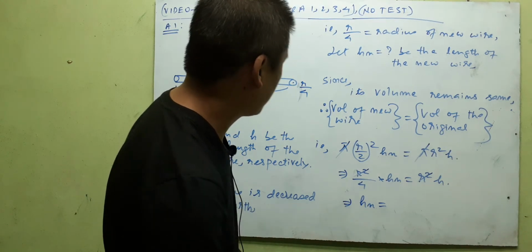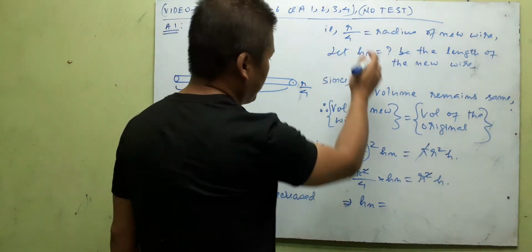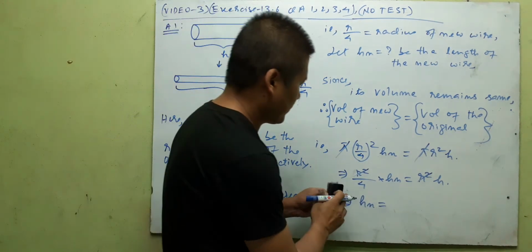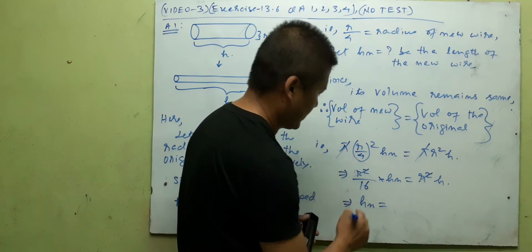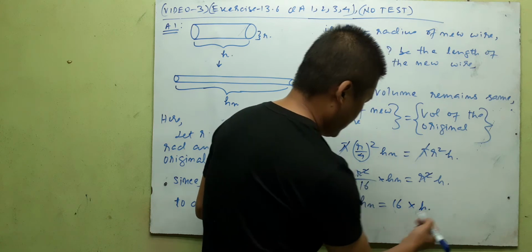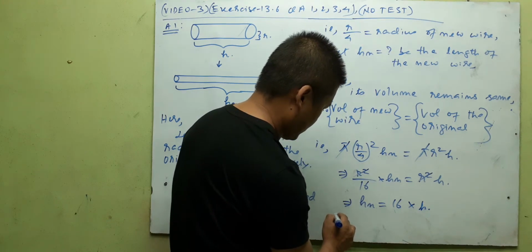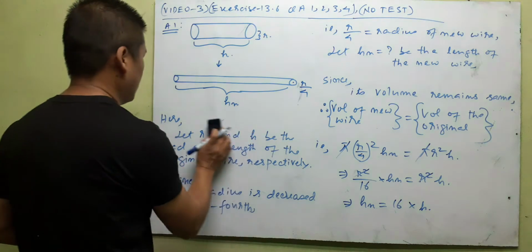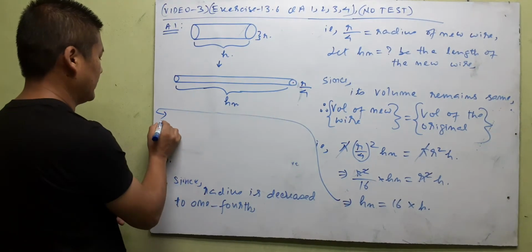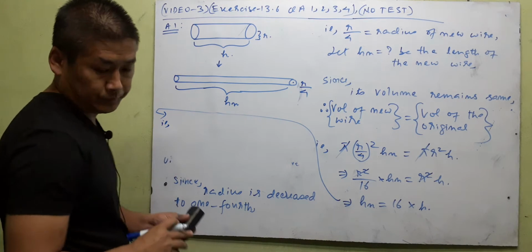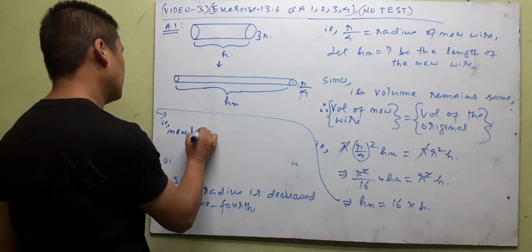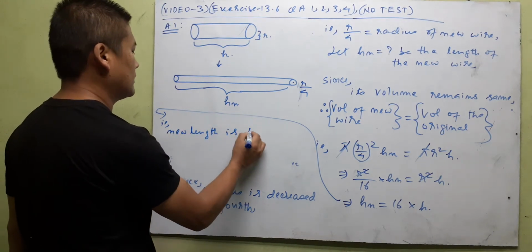Oh, sorry, we made a slight mistake here. See here, R by 4. This should have been 4, sorry. So this should have been double 4, 4 4s are 16. So we will write here 16 into H, so 16 times H. Just before you make your choice, from here you can write that the new length is 16 times longer.